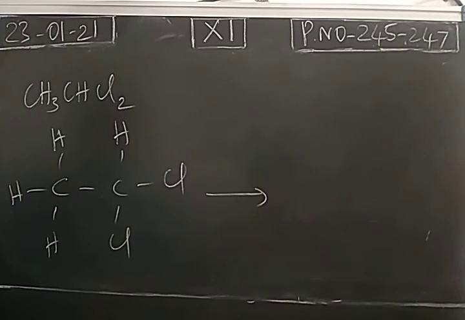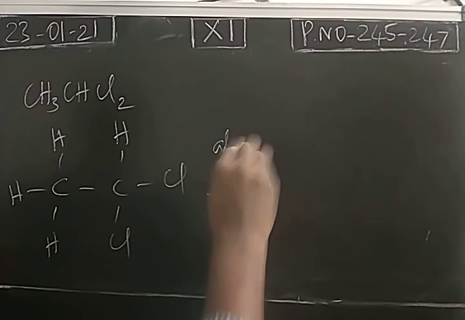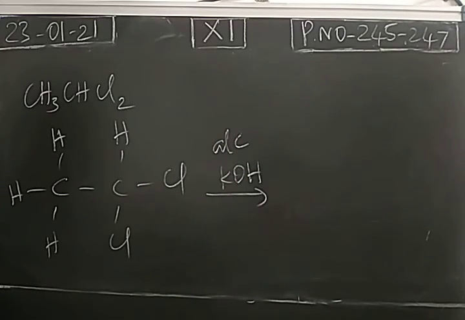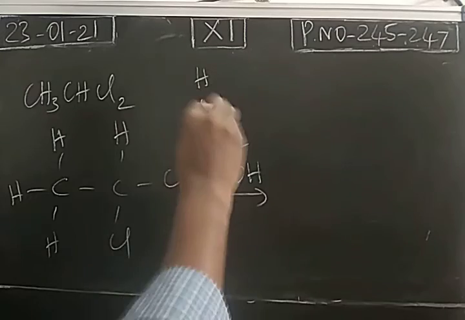This is the complete structure of gem dihalide, ethylidene chloride. We add it to alcoholic potassium hydroxide. When alcoholic potassium hydroxide is added, the process is dehydrohalogenation. So one hydrogen and one halogen will leave.